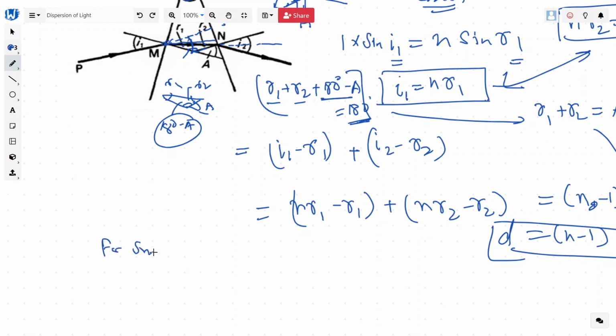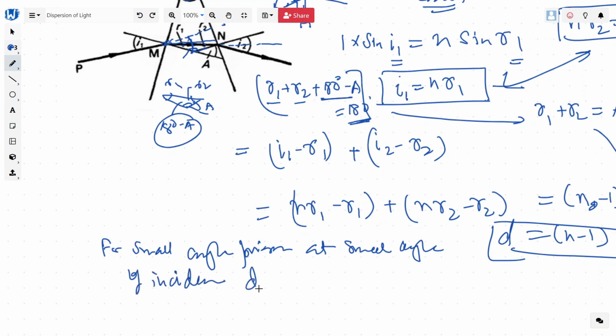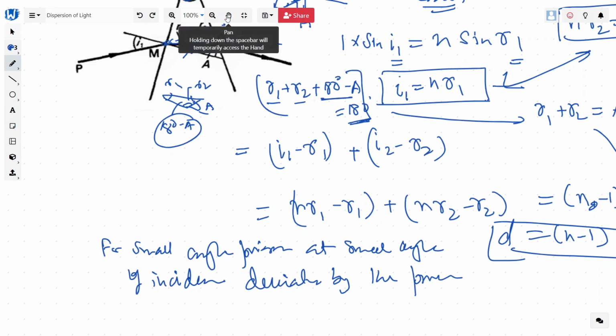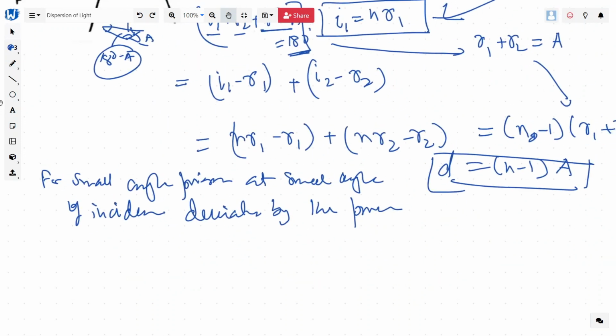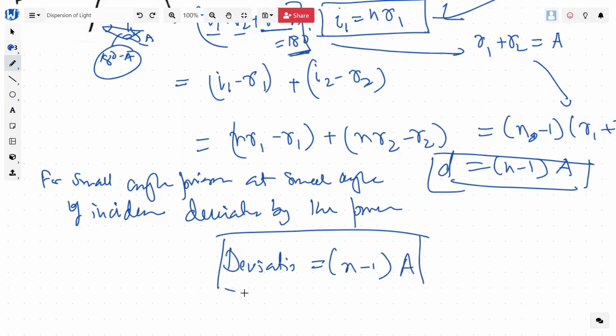For a small angle prism at small angle of incidence, the deviation by the prism is equal to n minus 1 times A. So if A is given in radian, the final deviation will be in radian.